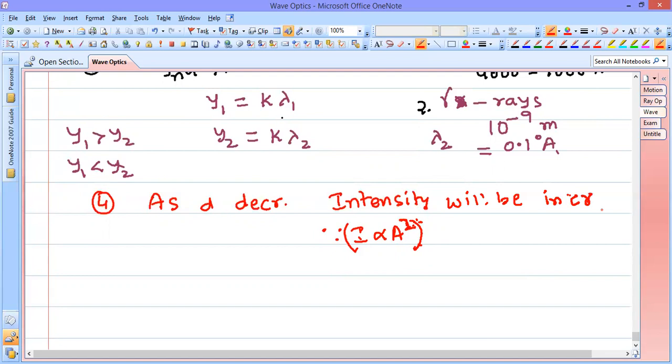Okay, fine. And vice versa. As the distance between the slits increases, the intensity will decrease. Now, suppose the distance between the slit and screen decreases. What happens to the intensity?